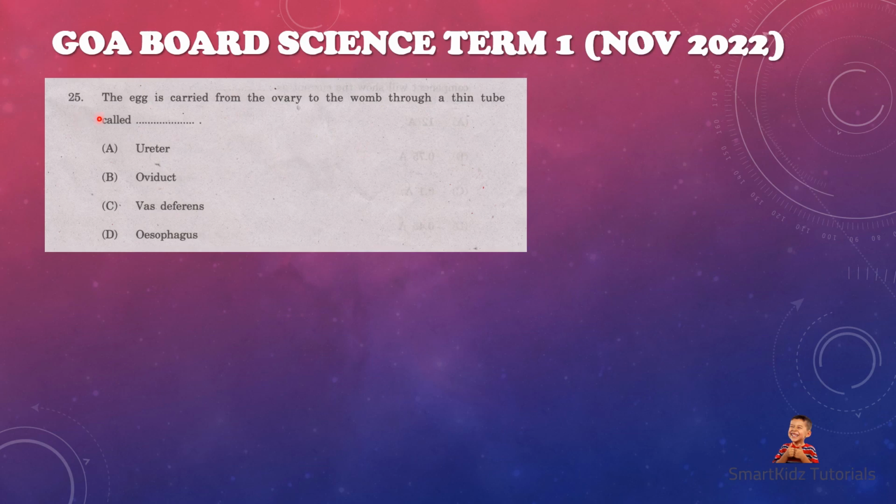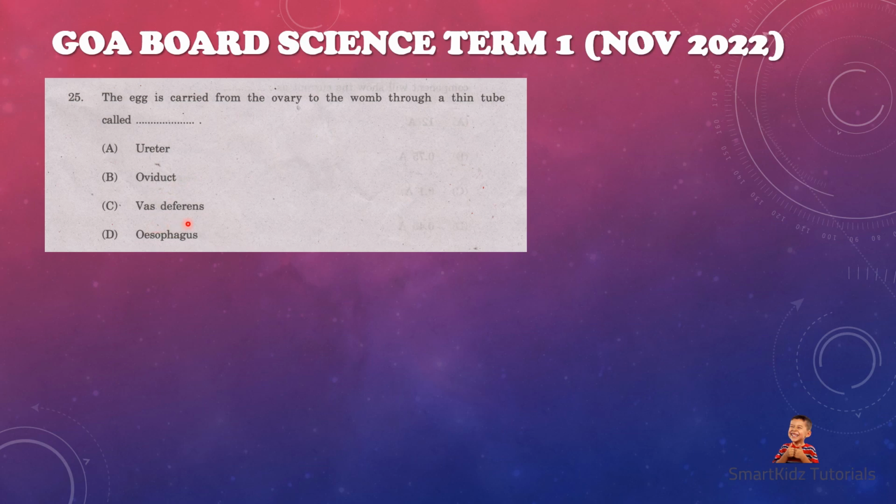25th question, the egg is carried from the ovary to the womb through a thin tube called, okay, this is actually a very easy question, but for some who may not know, you can easily rule out ureter. Ureter actually just carries the urine from the kidney to the urinary bladder. Ureter, urine, rule that out. What about vas deferens?